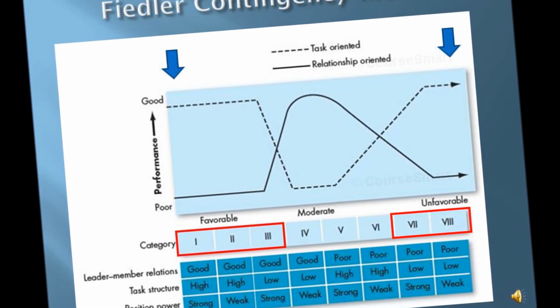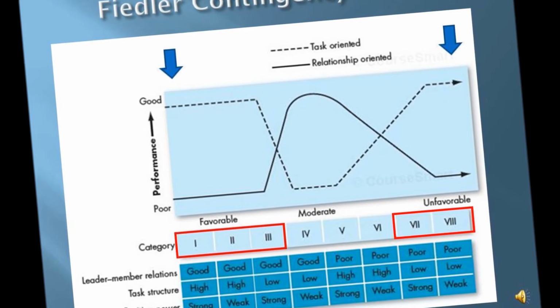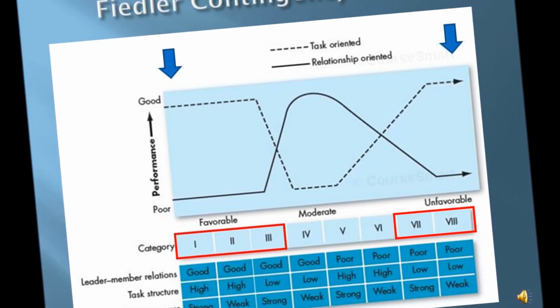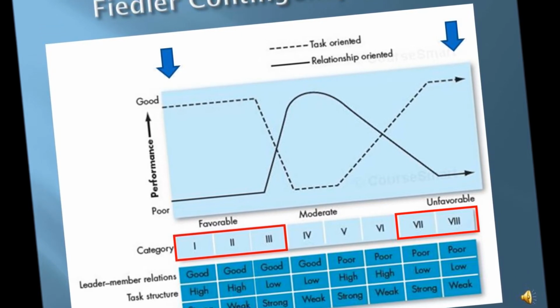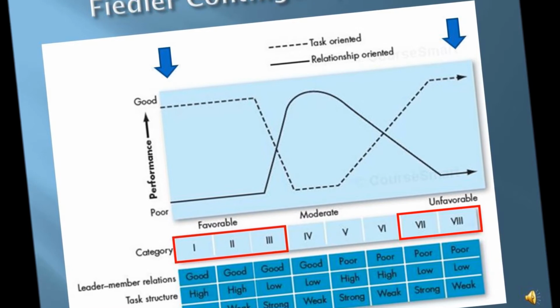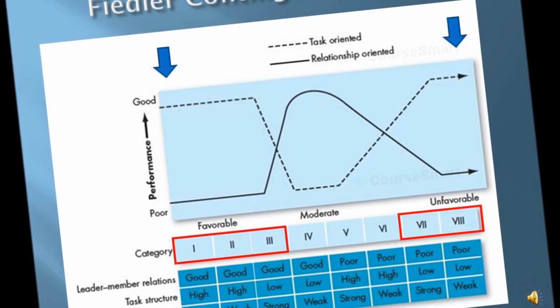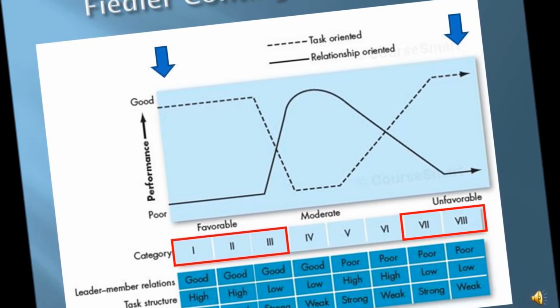But since Fiedler's view basically looks at the individual leadership style as fixed, there are only 2 ways to improve leadership effectiveness. First, you can either change the leader to fit the situation, or you can change the situation to fit the leader.